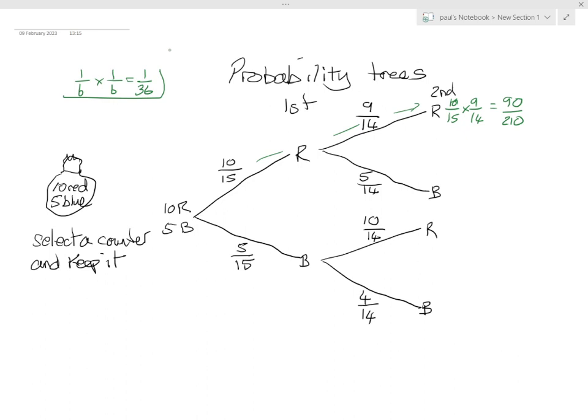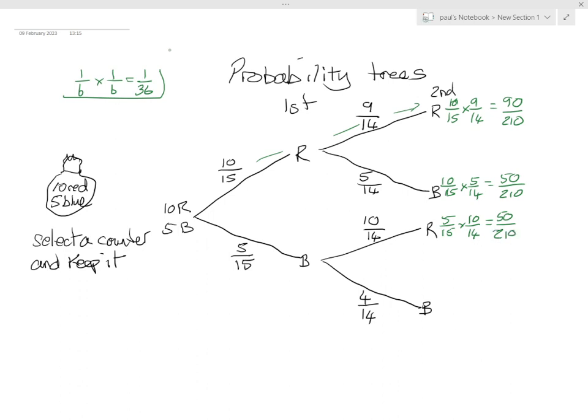A red followed by a blue will be 10 over 15 times 5 over 14, and that's 50 over 210. It's always 210. Blue followed by a red is 5 over 15 times 10 over 14, and this will be 50 again over 210. Now these two in the middle are always the same.